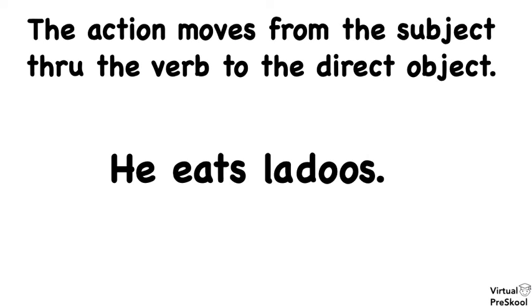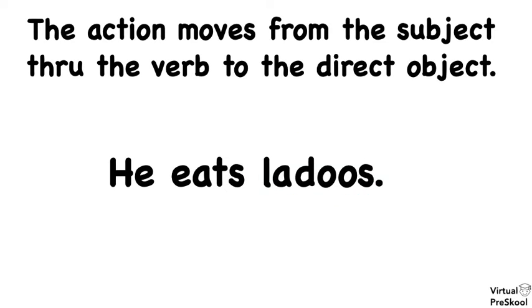Movie. The action moves from the subject through the verb to the direct object. That's how it works when you have a direct object. Let's review that again. The action, in this case, is eats.